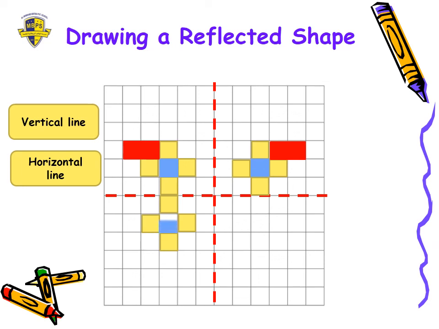In the middle we put the blue one. Then the red. The red is 2 squares up, so down count 2 squares and put the last one. And the other side we do the same. And this is our reflected shape.